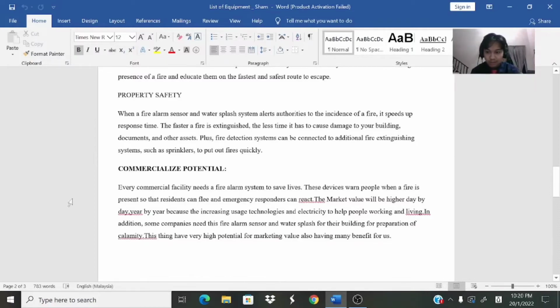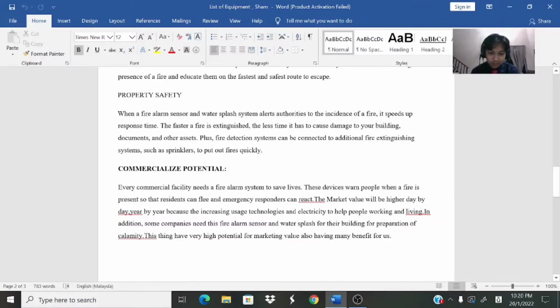And then we go to the commercialized potential. Every commercial facility needs a fire alarm system to save lives. This device warns people when a fire is present, so the residents can flee and emergency responders can react.